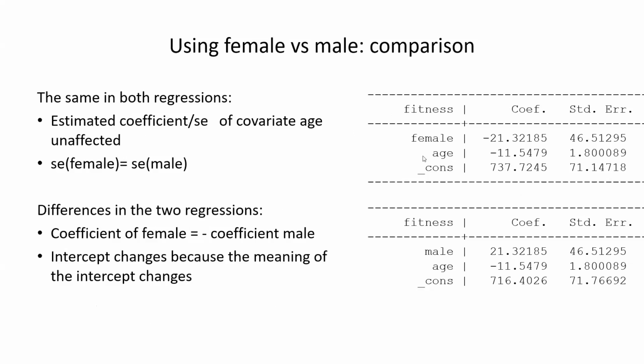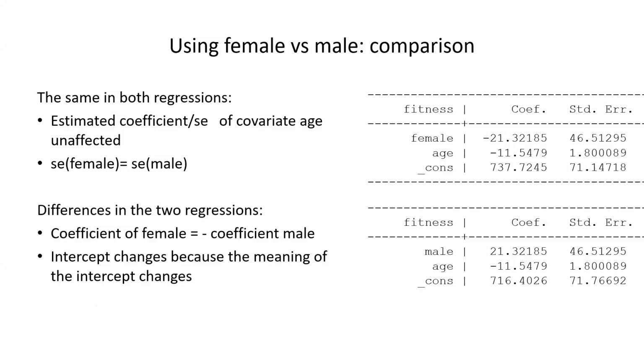What is the same is everything that relates to age: same coefficient, same standard error. The standard error of the coefficient for male and female is also the same, 46.5 here. The coefficients have opposite signs here, and the constant has changed, right?